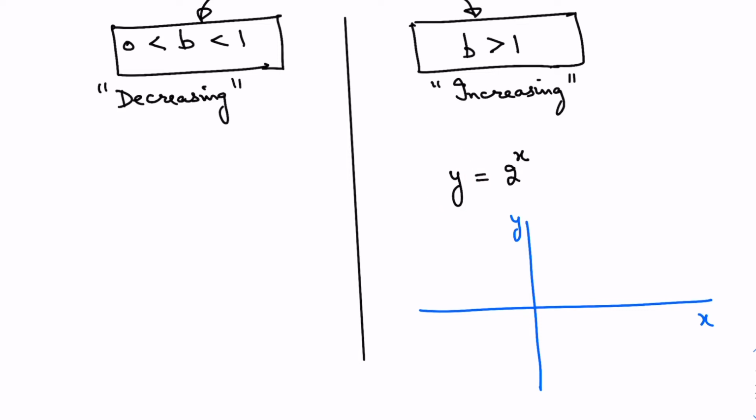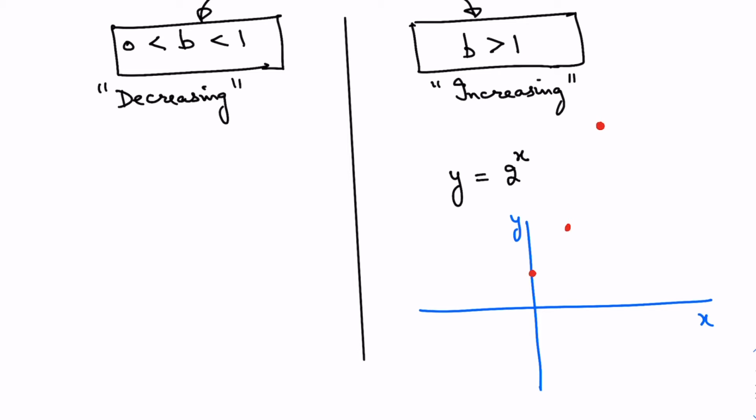So I will put it here, and if I put in x to be 1, then y is going to be 2. So at 1 it's going to take the value 2, so it's going to come here. Let me put a dot here, and then at x equals 2 it's going to be 4. So at 2 it's going to go somewhere here, and let me put a dot here. Let's say this is the point (2, 4).